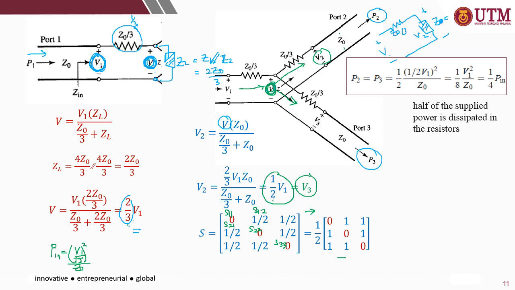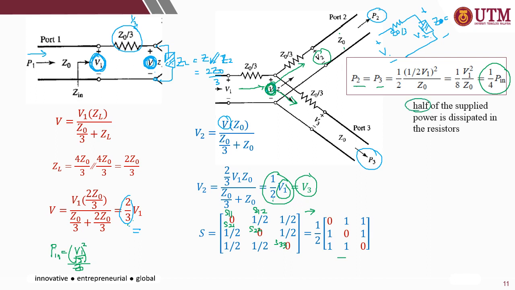P2 and P3 receive half of V1, so only 1/4 of the power is delivered to port 2 and port 3. So the total loss at port 2 and port 3 is equal to half.